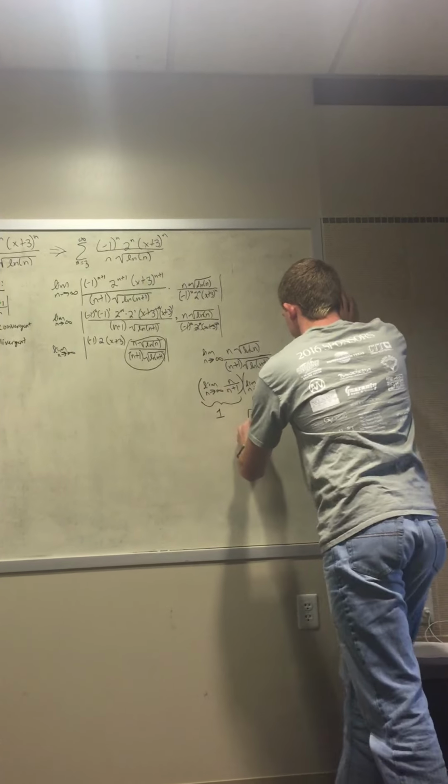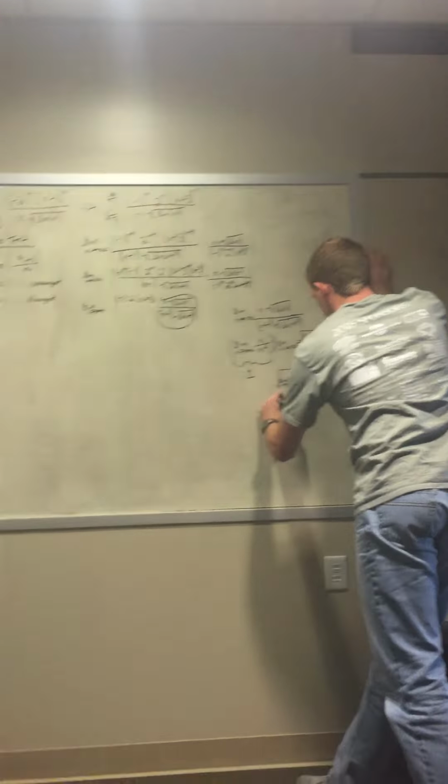And that will say take the derivative of the top, be 1 over n over derivative of the bottom, be 1 over n plus 1.